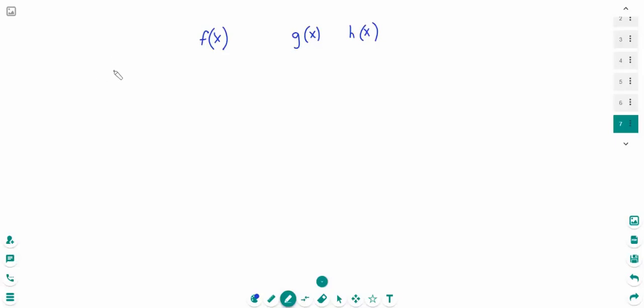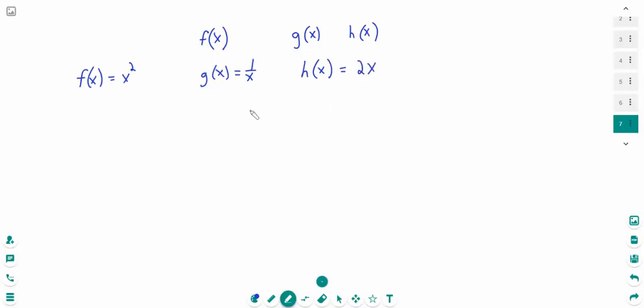All right, so I might say f of x equals x squared. And I might say g of x equals 1 over x. And I might say h of x equals 2 times x.